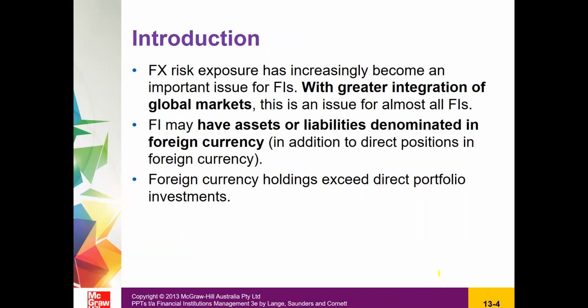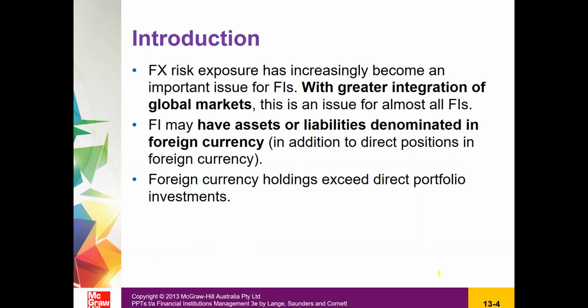First of all, we start with an introduction to foreign exchange risk. The globalization of the financial services industry has meant that financial institutions are increasingly exposed to foreign exchange risk. Foreign exchange risk can occur as a result of trading in foreign currencies, making foreign currency loans, buying foreign issued securities, or issuing foreign currency denominated debt as a source of funds.